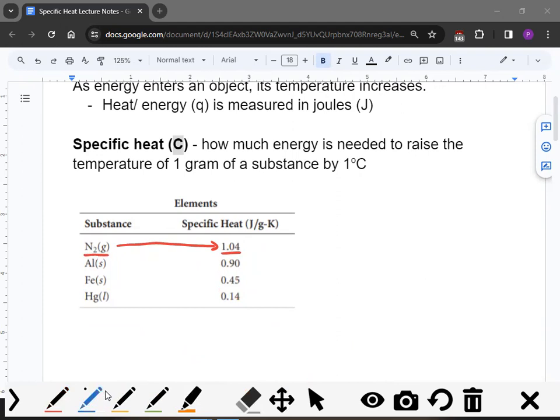Okay, so just to help you visualize, I want you to jot this down in your notes, but I want you to draw a balloon. Okay, we're going to call this N2. Okay, this is N2 gas. And let's say that we have 1 gram of N2 gas.